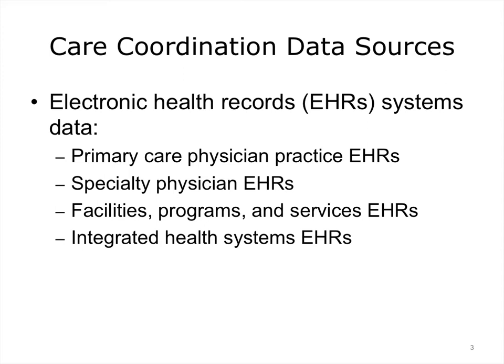Data from a variety of sources can be used to coordinate patient care. EHRs can contribute accurate data in a discrete form for practice-based population health analytics. Electronic health records systems data include primary care physician practice EHRs, specialty physician EHRs, facilities, programs, and services EHRs, and integrated health systems EHRs.